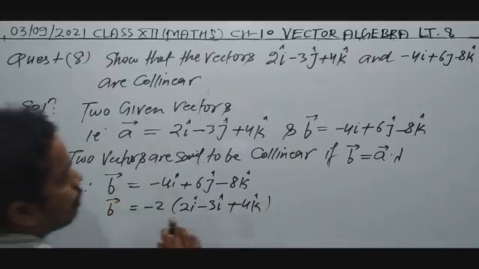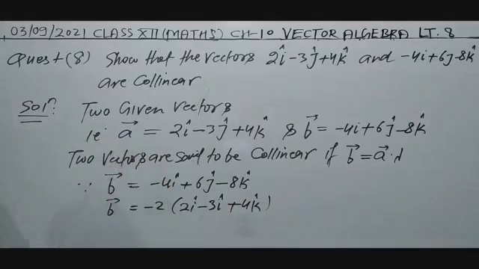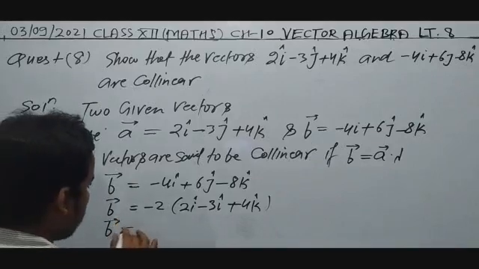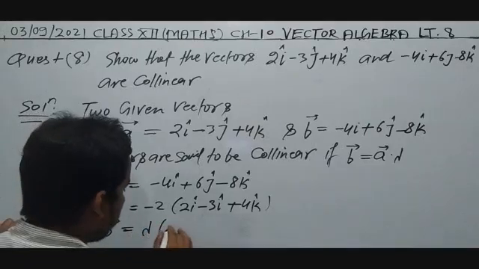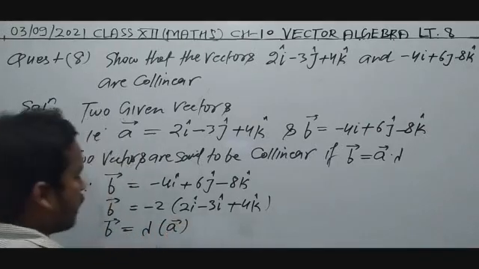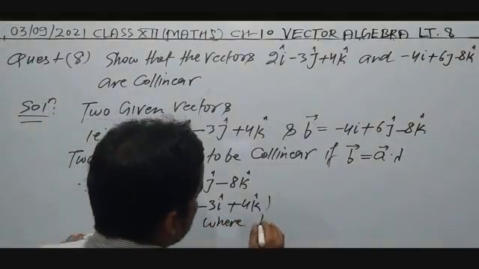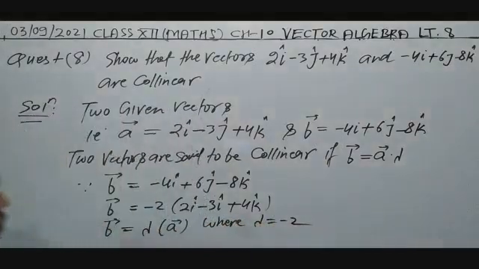And you know this is vector A, 2i minus 3j plus 4k. So B is equal to lambda vector A, where lambda is equal to minus 2.